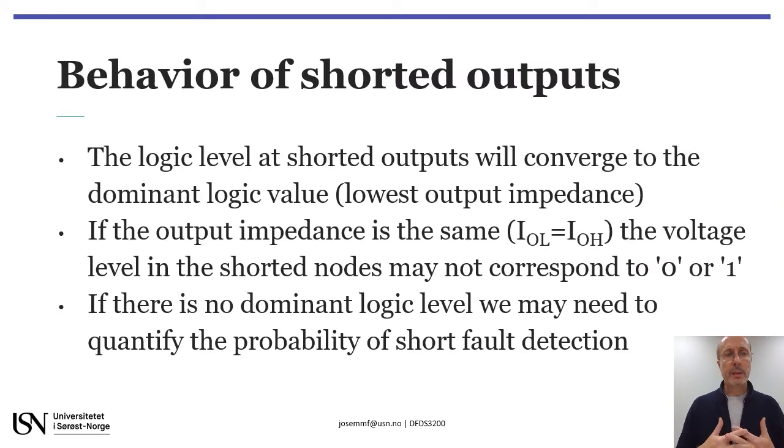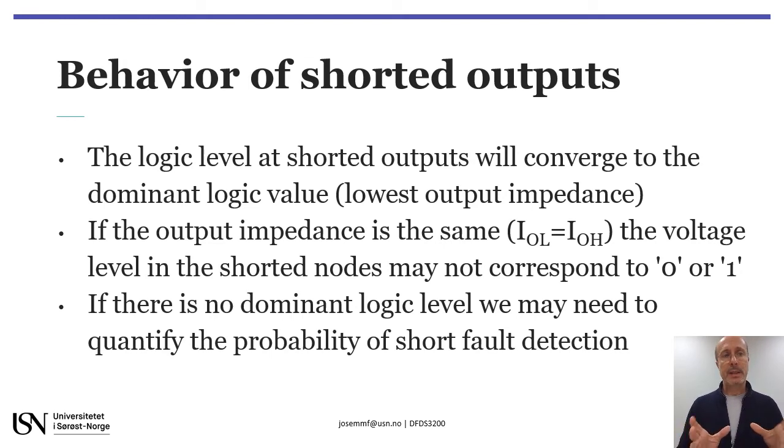Well, if the output impedance is lower when the output is at 0, then 0 will be the dominant logic value. And of course, vice versa. This is because the rate at which the voltage level falls in the outputs at logic 1 as the current increases is higher than the rate at which it rises in the outputs at logic 0.